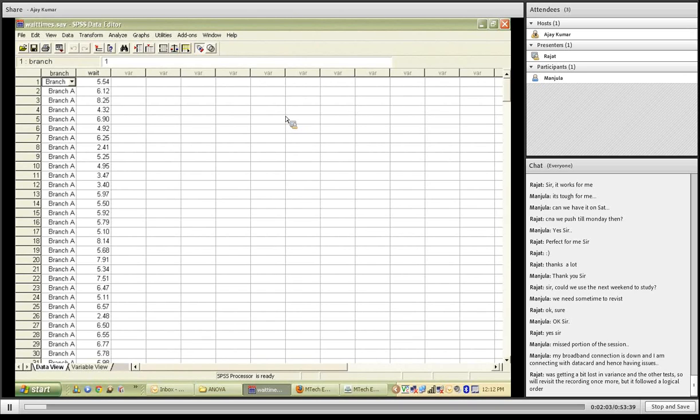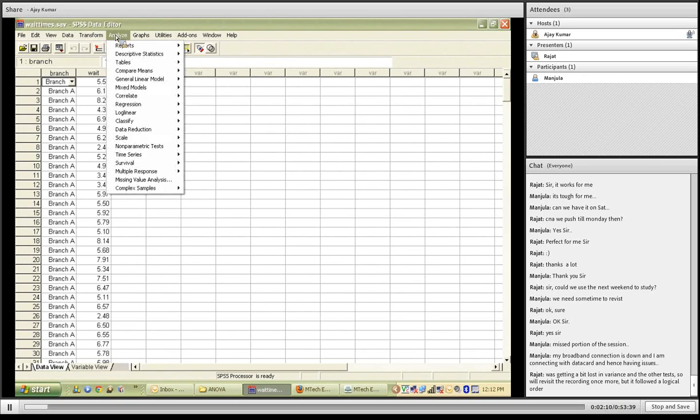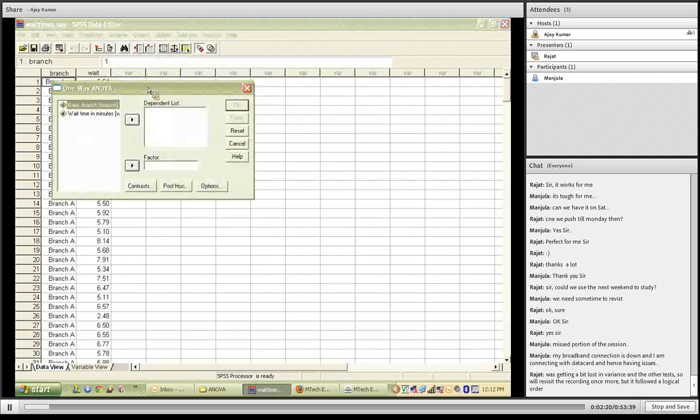Now, to give you an idea of what we did yesterday, I have the same file with me to take as an example. We go into ANOVA, which is under Analyze, then Compare Means. There we take bank branch as the factor and wait time into the dependent list.